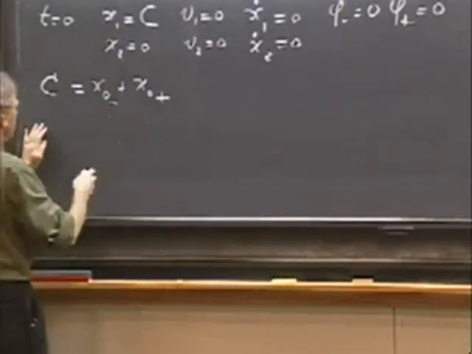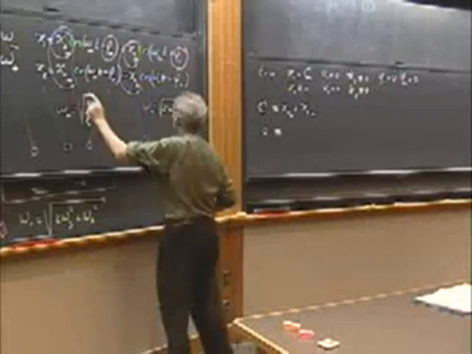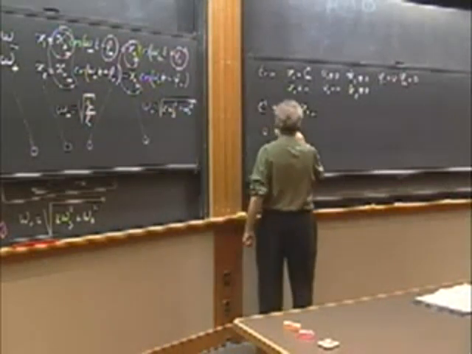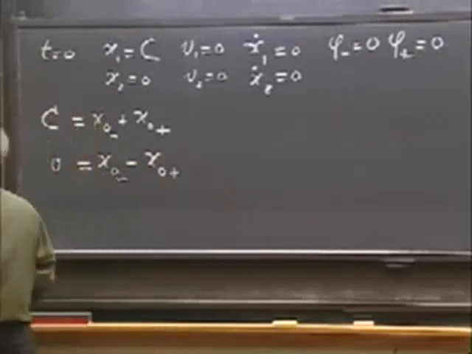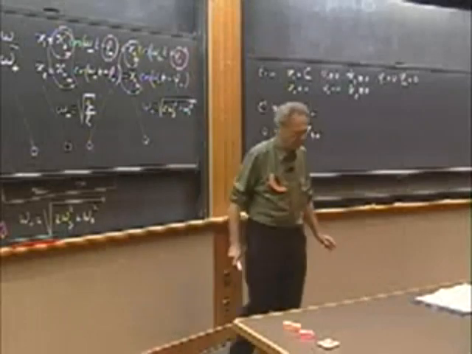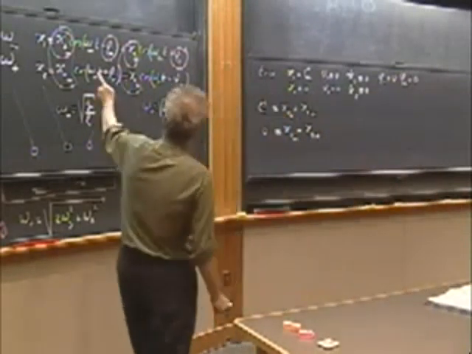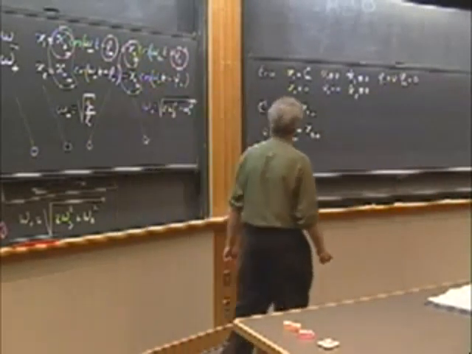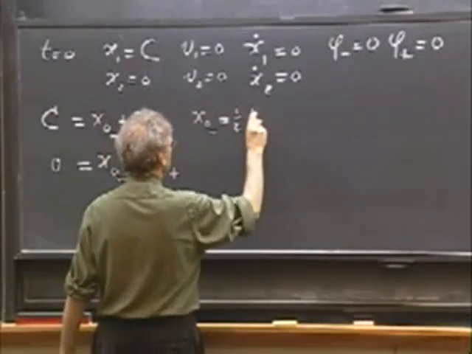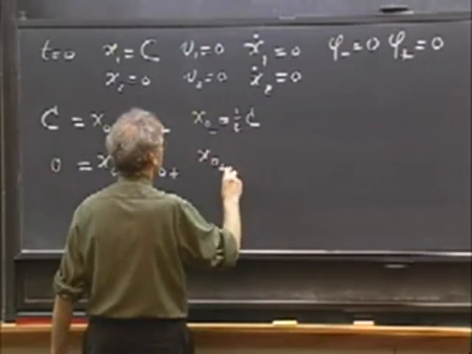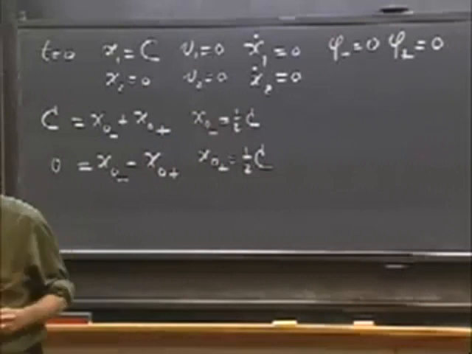Then I go to the second initial condition, that 0 is x0 minus minus x0 plus. It's a minus sign here. And so what do I find? I have solved now the general solution. I will find that x0 minus is 1/2 c, and x0 plus is also 1/2 c, which of course should not come as a surprise to you.